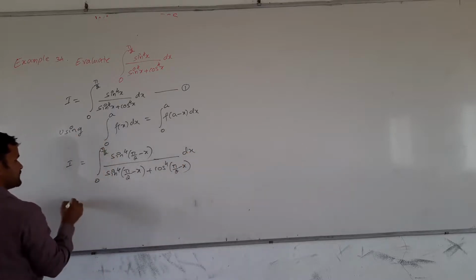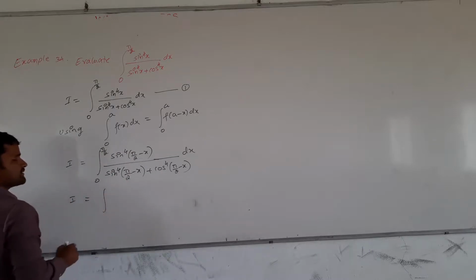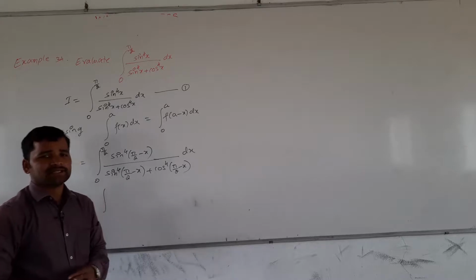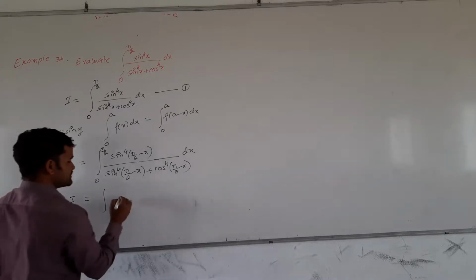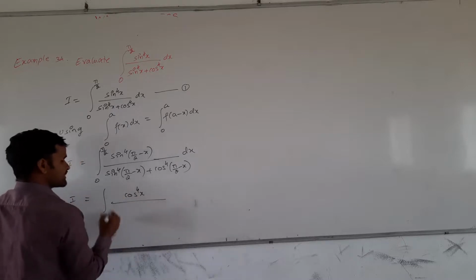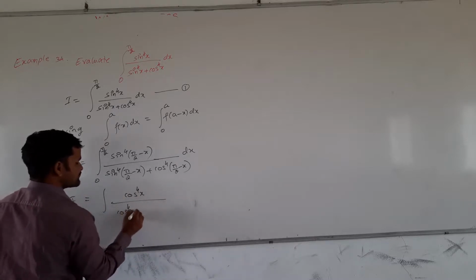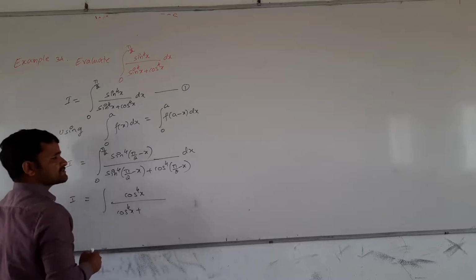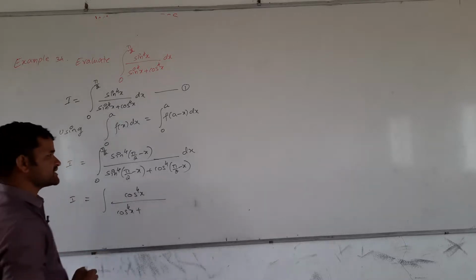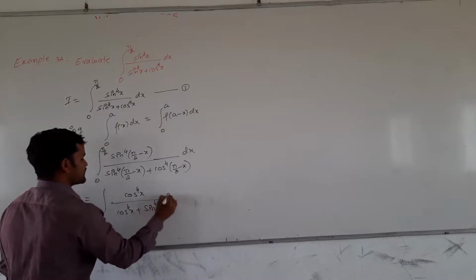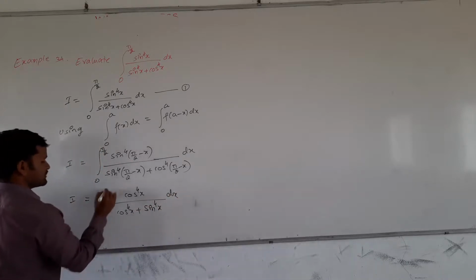What is sin 90 minus x? Sin 90 minus x is cos x. So here I write cos^4 x divided by cos^4 x plus, what is cos of pi by 2 minus x? Cos 90 minus x is sin x, four times, sin^4 x, into dx from 0 to pi by 2.